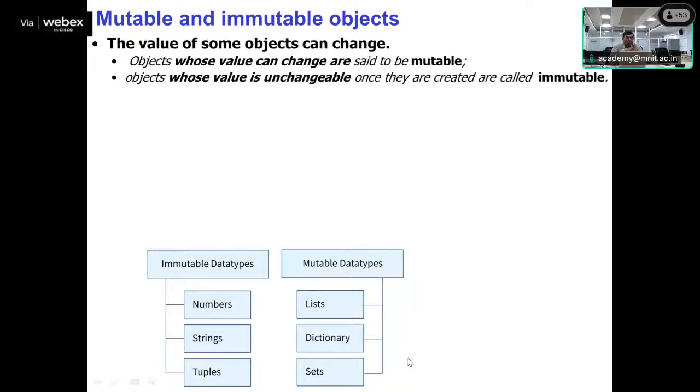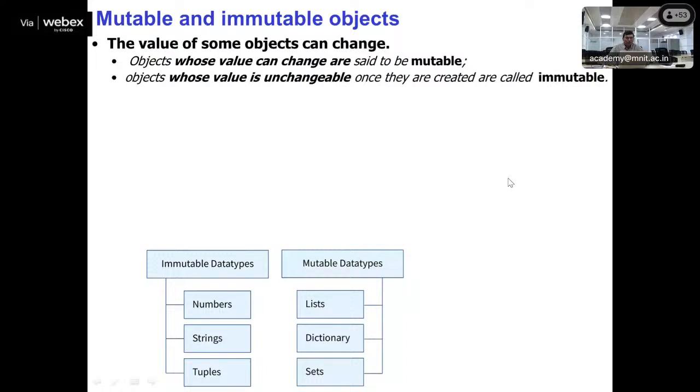Generally the value of some object can change. So an object or variable whose value can be changed is said to be a mutable type of object, or some object whose value is not changeable once it has been created is known as immutable.